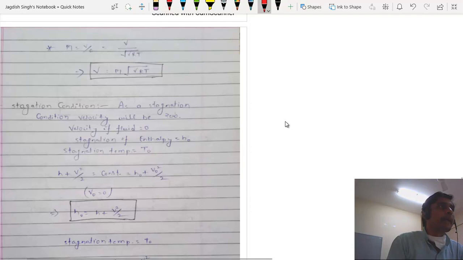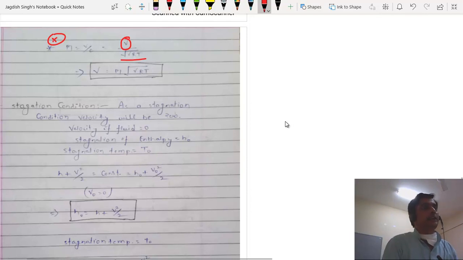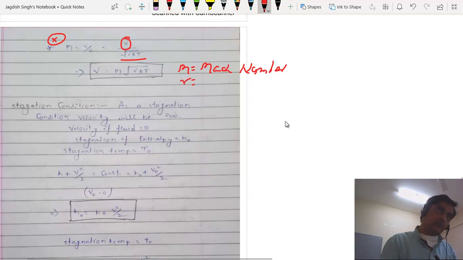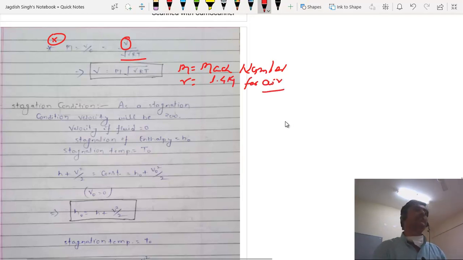So this equation can be written in terms of Mach number also, because Mach number M is equal to V by C, and C is equal to, we know, the square root of gamma RT. That's why V, the velocity of fluid particles, is equal to M into the square root of gamma RT, where M is the Mach number, gamma is 1.404 for air, R is the gas constant, and T is temperature.